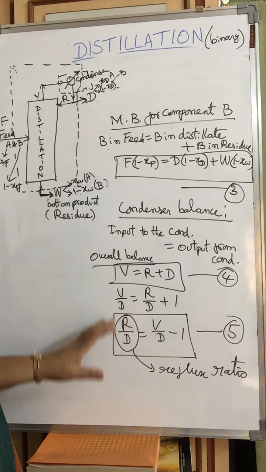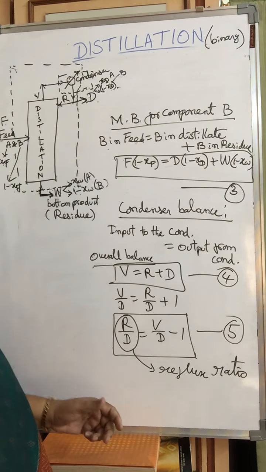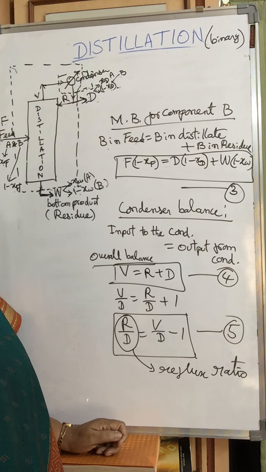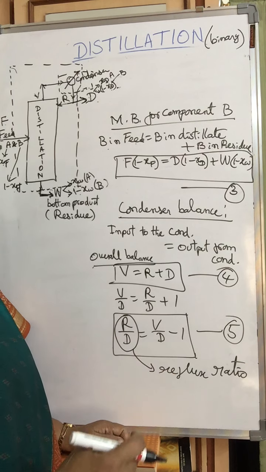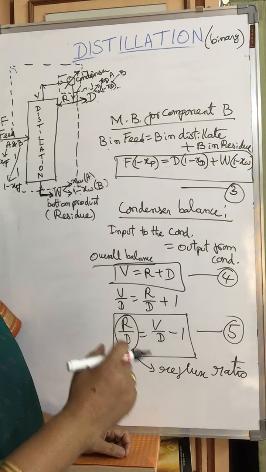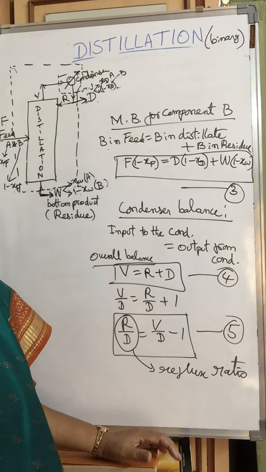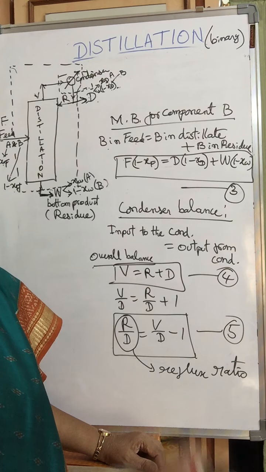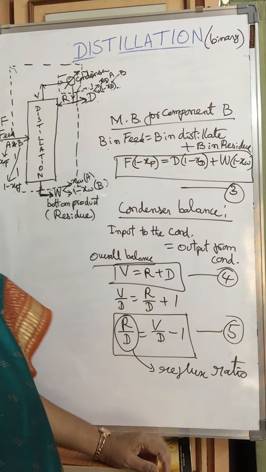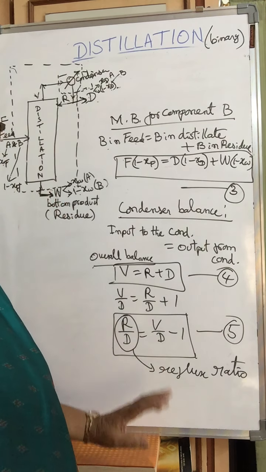Okay. So what is the application of this material balance equations? Because the chemical engineer, when he is operating the distillation column, he needs to know if he wants to send some 1000 kg of feed per hour like that, then what amount of D will be obtained and what amount of W will be obtained.